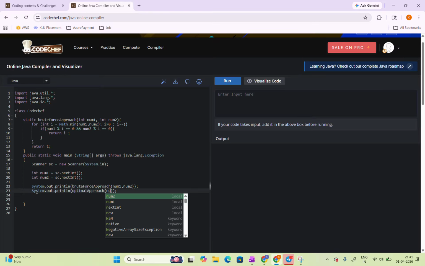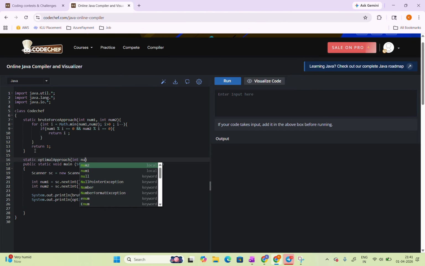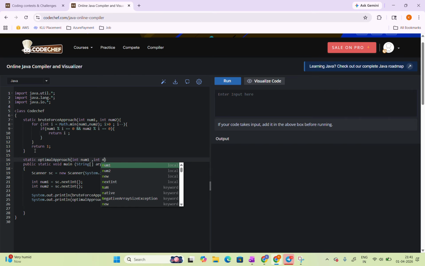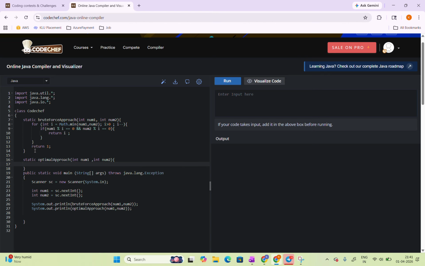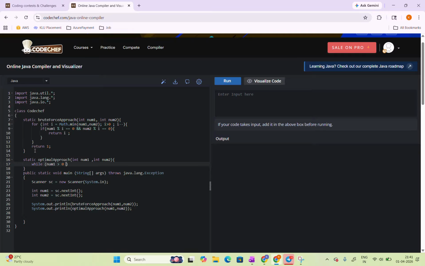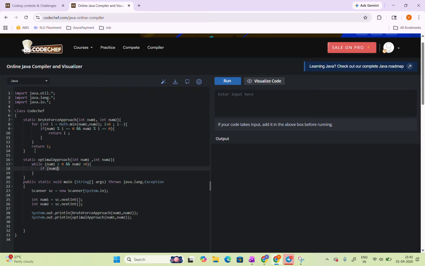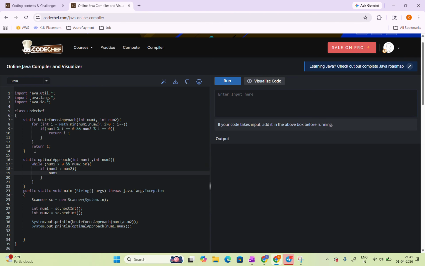Optimal approach. See. While num1 greater than 0, if num1 greater than num2, I am going to set num1 equal to num1 modulo num2.